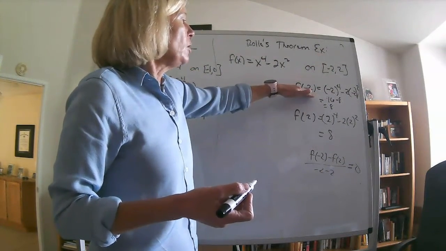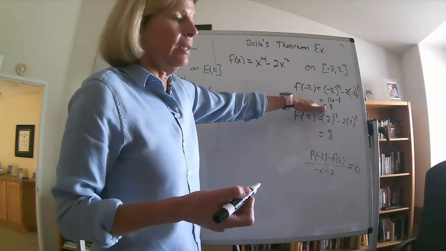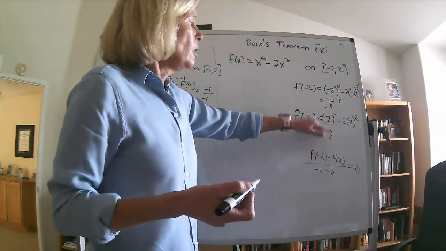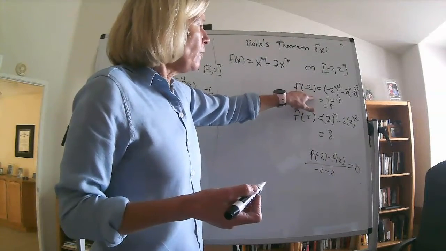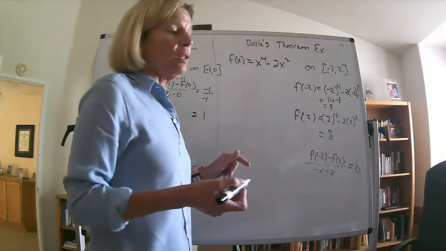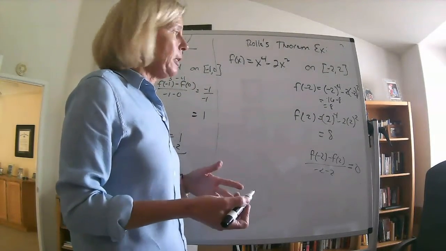If I substitute in -2, f of -2 is 8. F of +2 is 8. So since f of -2 equals f of +2, the slope is 0. The conditions of Rolle's theorem are met.